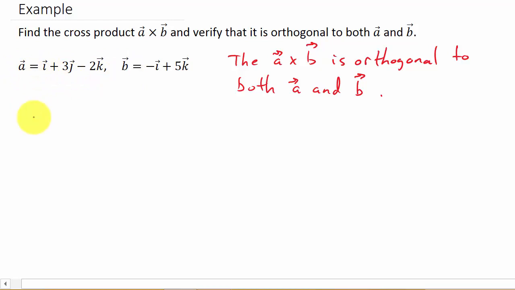I'll explain how to show it when we get to that step.